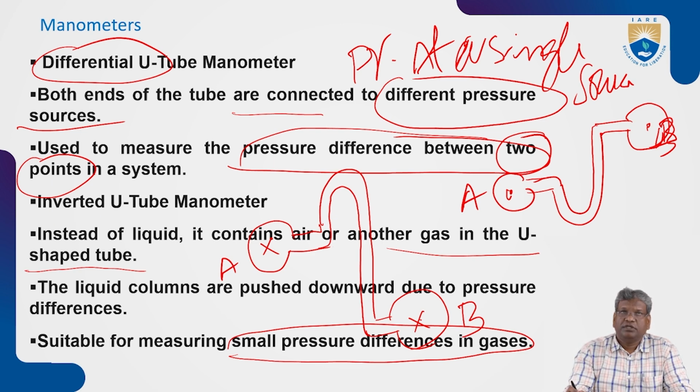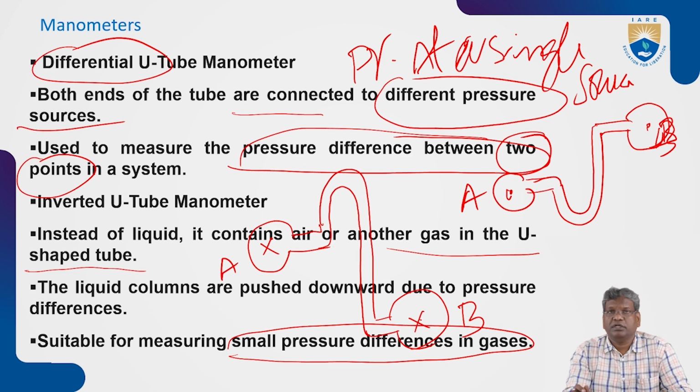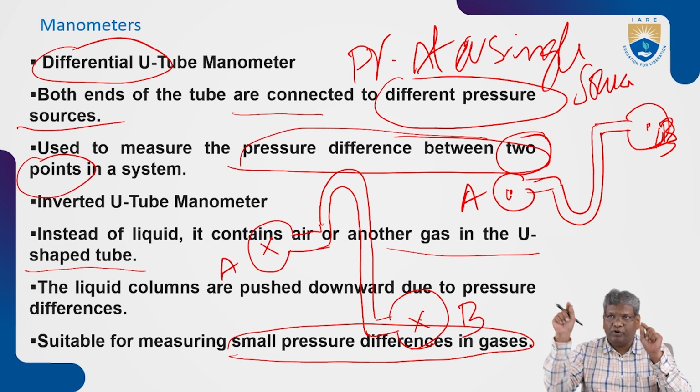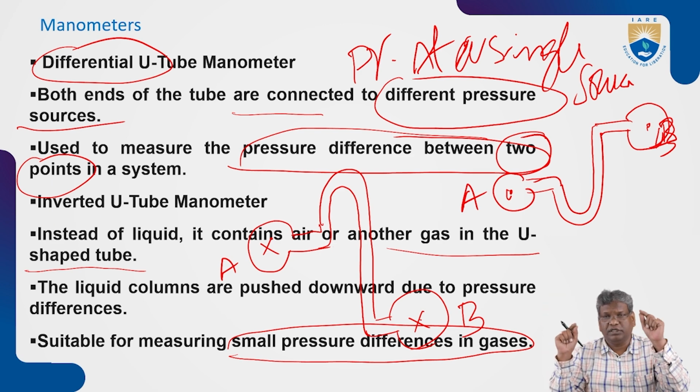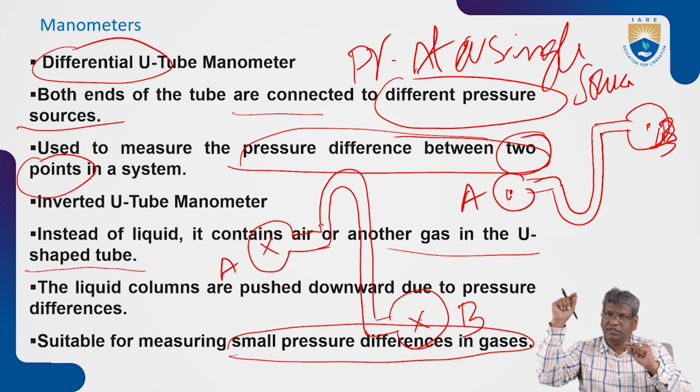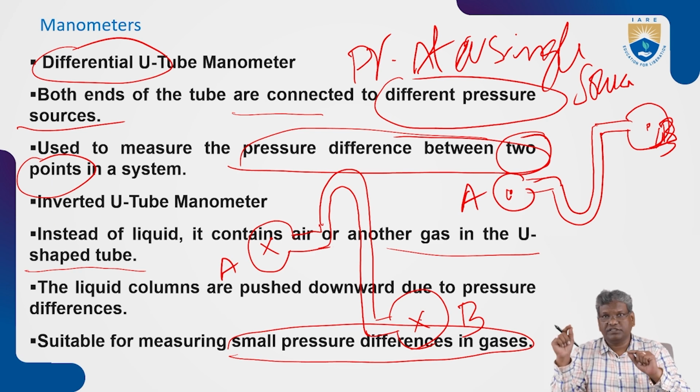So a simple U-tube manometer is used to measure the pressure at a single point, whereas differential U-tube manometers are used to measure the difference of pressure between the 2 points. The 2 points may sometimes be at the same level, or sometimes at different levels.